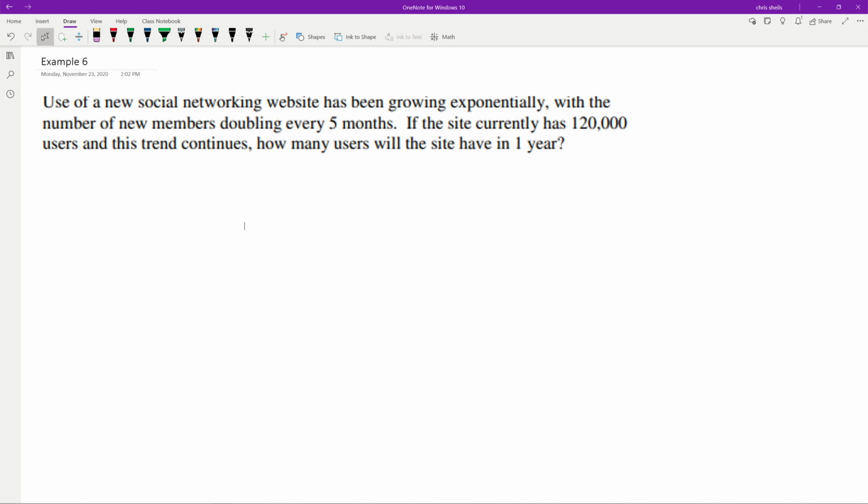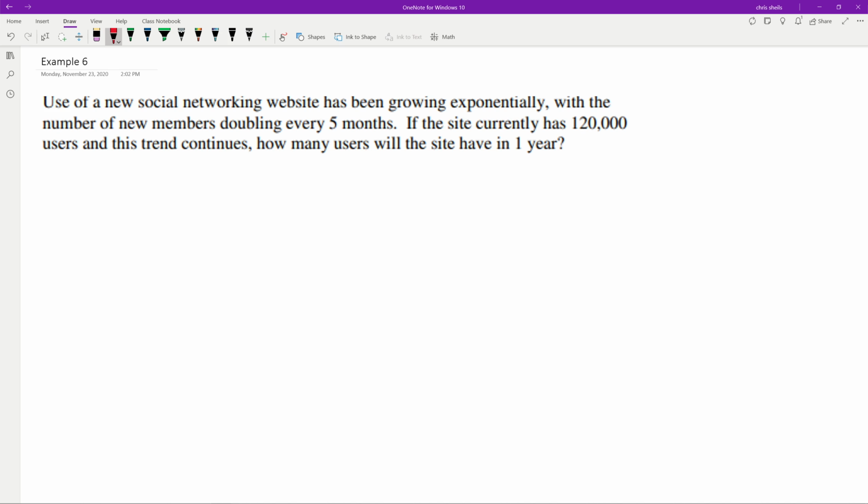We could use some arbitrary a here for an initial value, but we actually know that our initial amount is 120,000. So let's say that this equation will measure the number of users in thousands after t months.